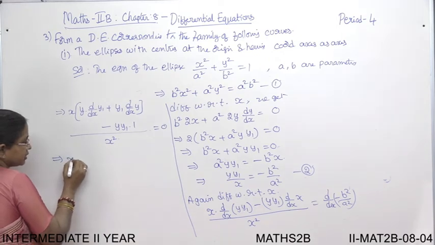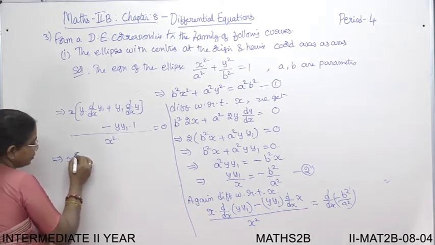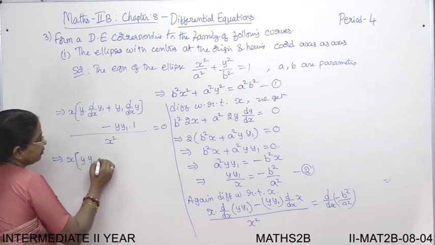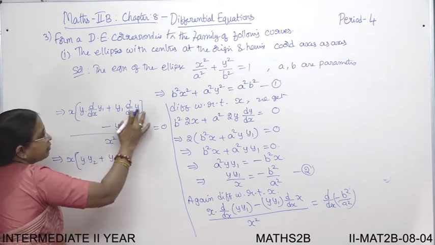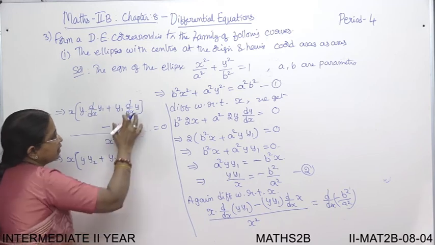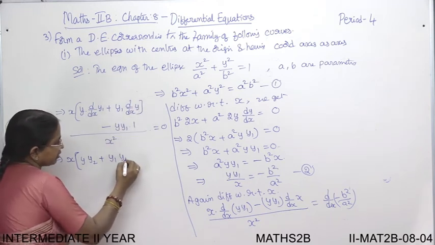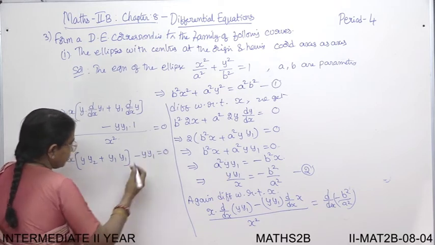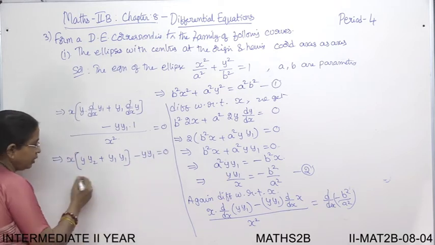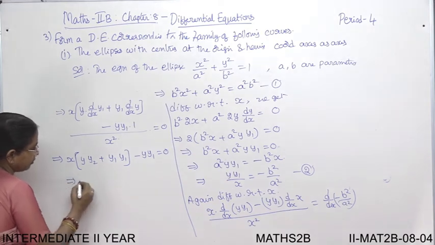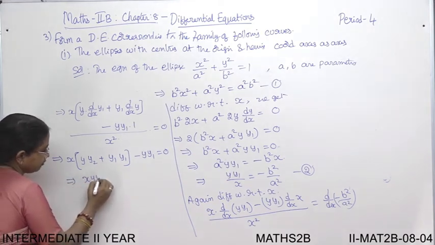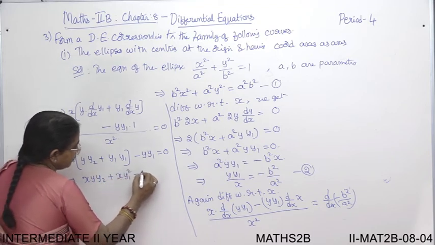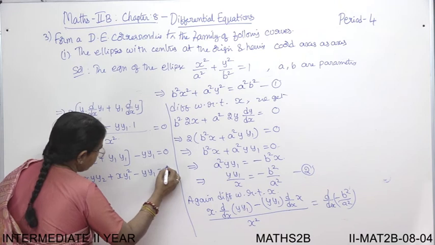So that means x into y into derivative of y1 is y2 plus y1 into derivative of y. Derivative of y is dy by dx, that is again y1, minus y1 is equal to 0. That's all. So both a and b got eliminated. So I'll get the equation as xy2 plus xy1 square minus y1 is equal to 0.